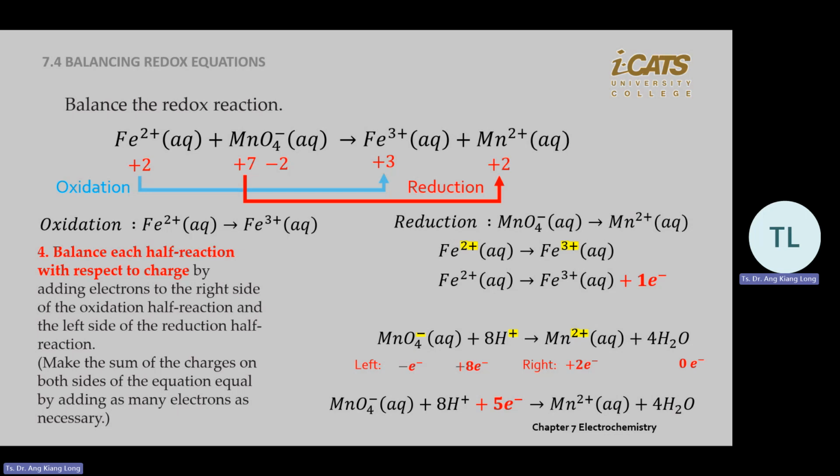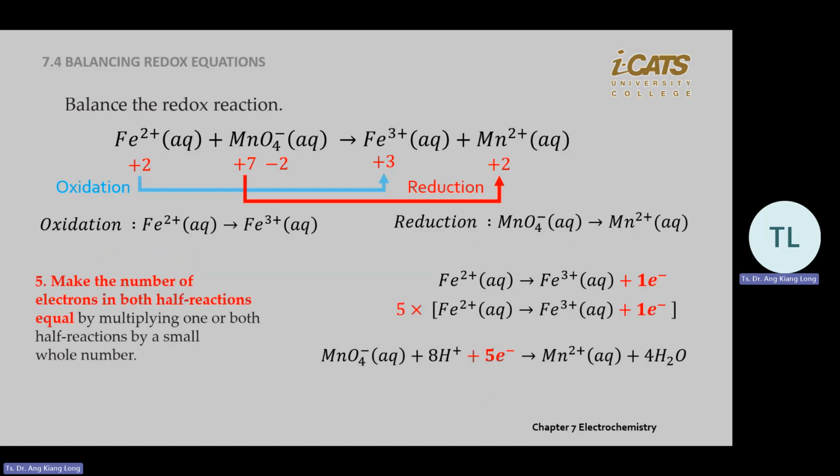This is important for your test 2. I mention again, test 2 will happen maybe in another 2 weeks' time. So you balance the equation, find the common coefficient for the electrons, 5 and 1, so it's 5. You multiply the first half equation, the whole equation, by 5, and the second one you don't need to do anything, just carry forward.